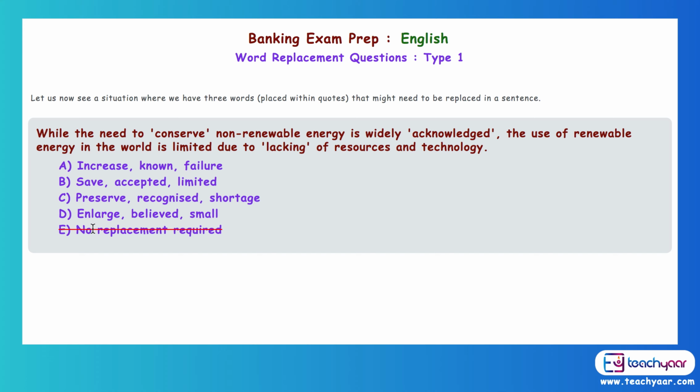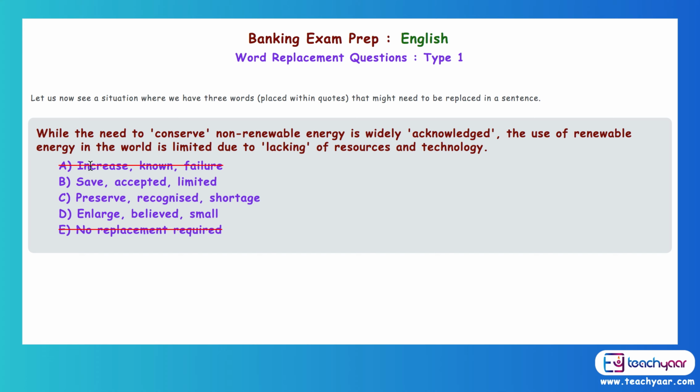So let us see whether the words are okay. Option A, increase. See, when it is non-renewable energy and we are trying to conserve, the meaning cannot be increase. Increase is the wrong word. It doesn't mean conserve. So the first option A is not right. Option B, first word, save.